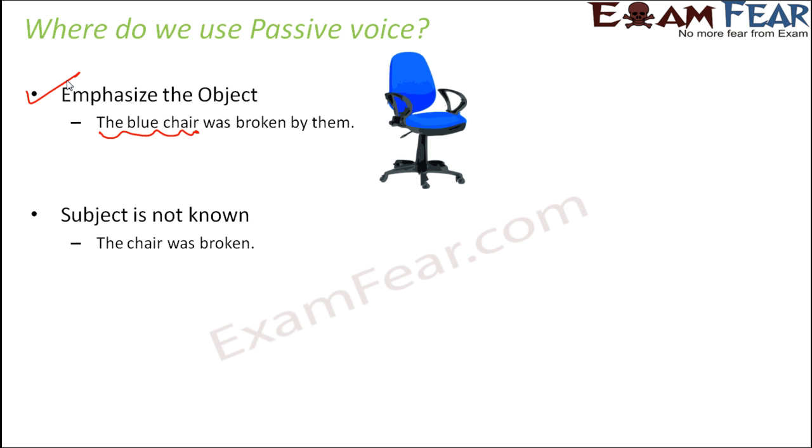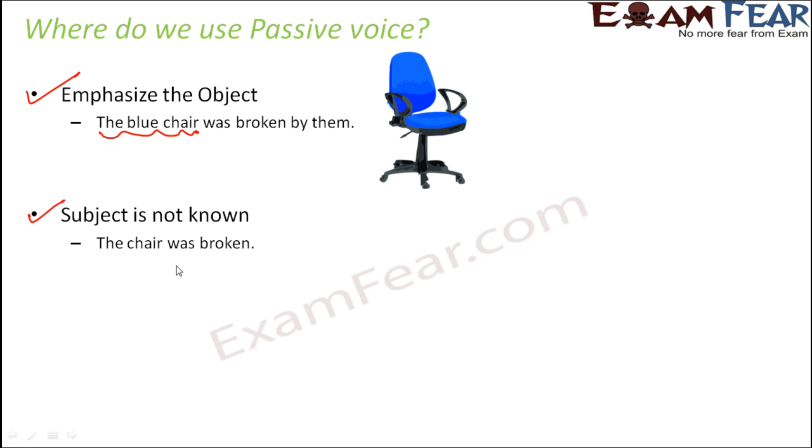That means the chair is broken, but I do not know who broke the chair. So when the subject is not known, or when you do not want to mention the subject, in that case also we make use of passive voice, because passive voice focuses on the object. In passive voice, if you want, you can mention the subject. If you want, you can also not mention the subject. The chair was broken is an example of passive voice where the subject is not known.